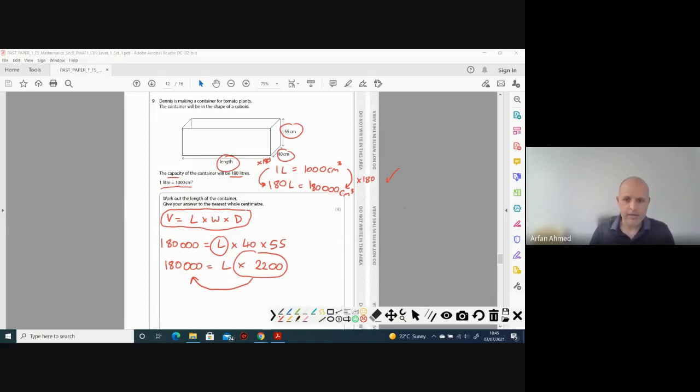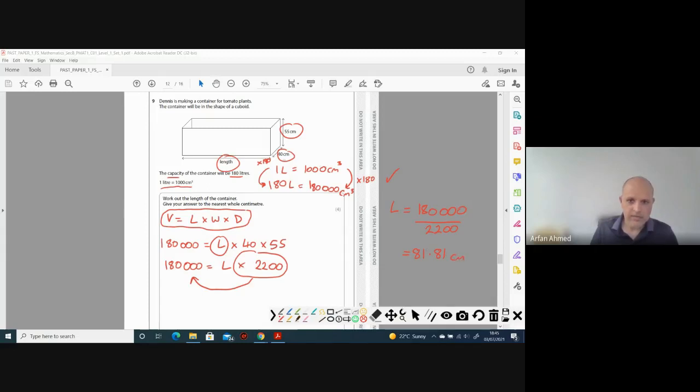So technically, you've got length equal to 180,000 divided by 2,200, and you just stick it in your calculator. You get 81.81 recurring. Let's just leave it like that, and that's in centimeters.